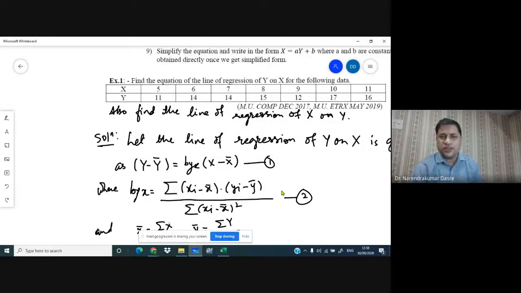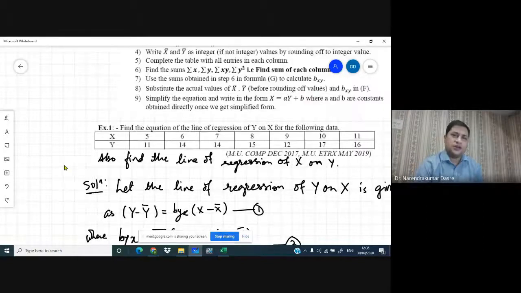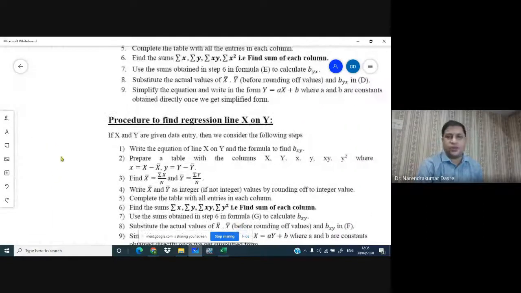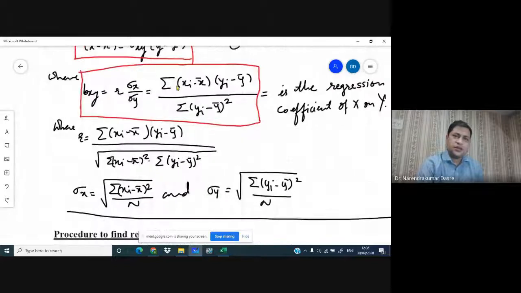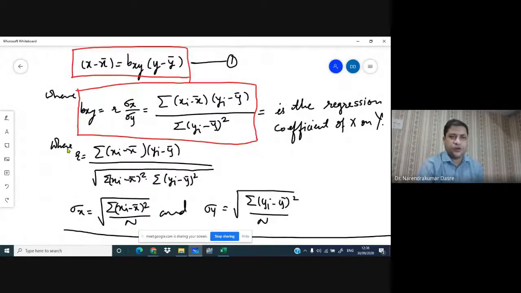If you want to use that formula with sigma, you need to calculate r, sigma x and sigma y. You can use this formula directly or that formula, and you will get the same value. But if you use this formula, the calculations will be smaller.